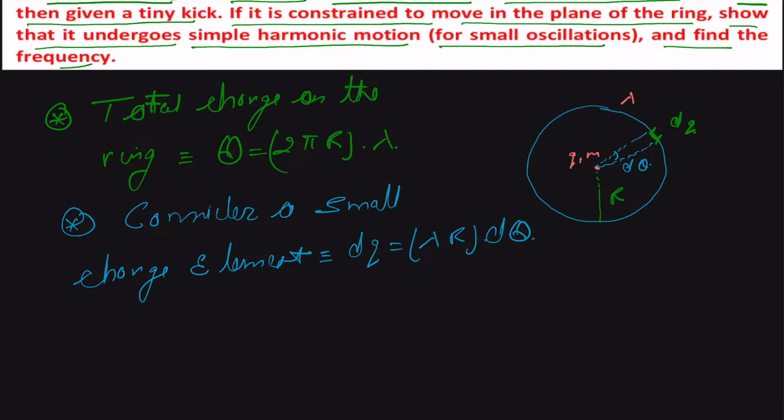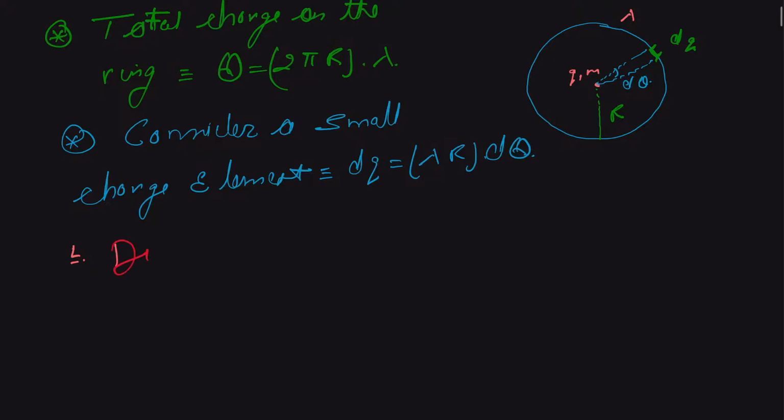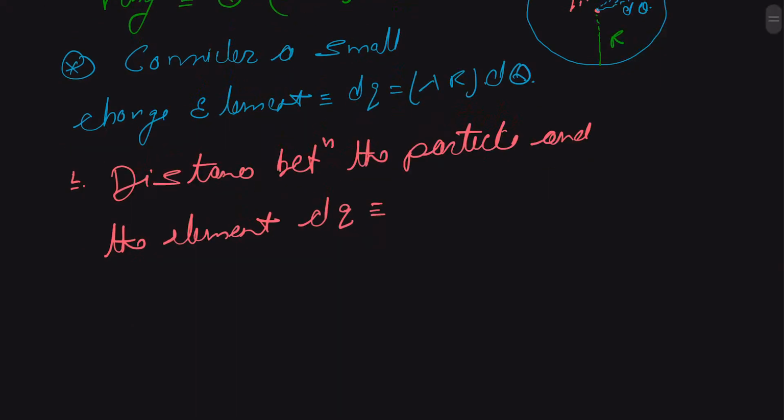And we can find out the distance between the particle and this element. The particle is at the center, so let us suppose the distance between the particle and the element dq is s, and to find s we are going to use the cosine law.